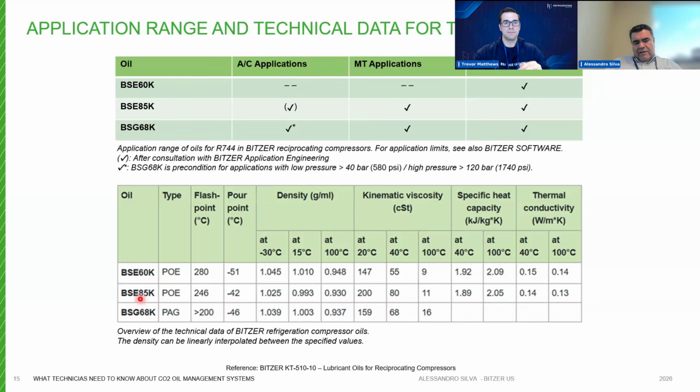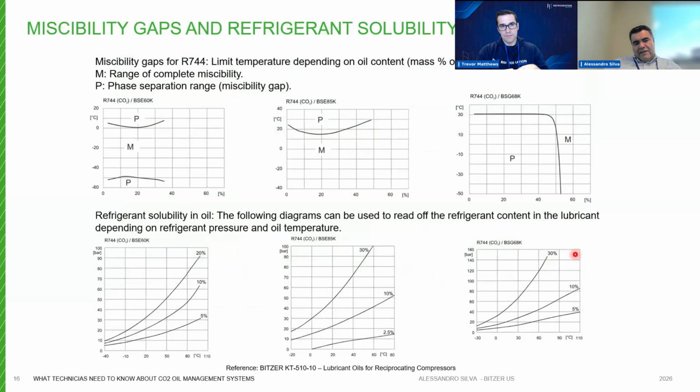So I put these three oils together, and you can see here the flash point, pour point, density, kinematic viscosity, specific heat capacity, thermal conductivity. And I also have the miscibility and solubility graphs as well.